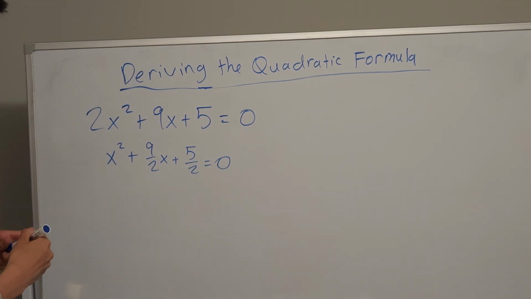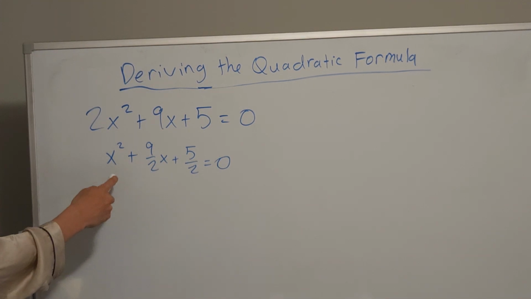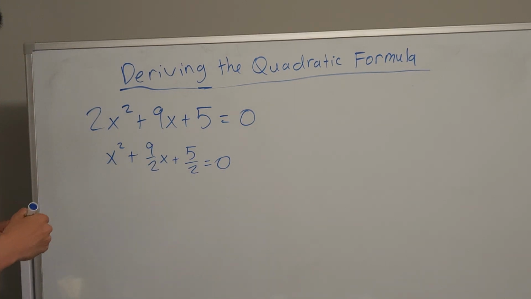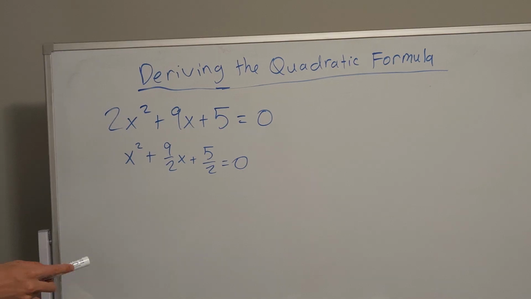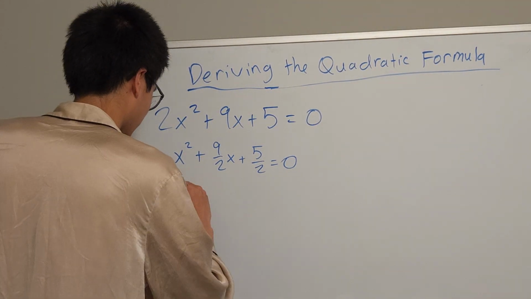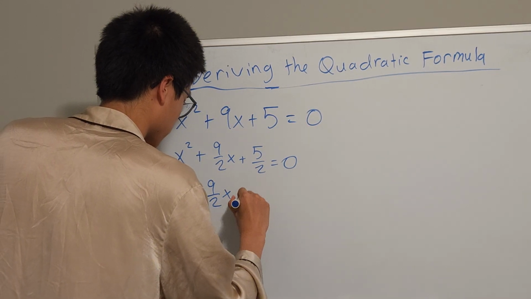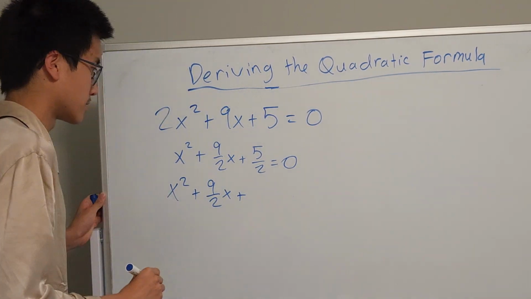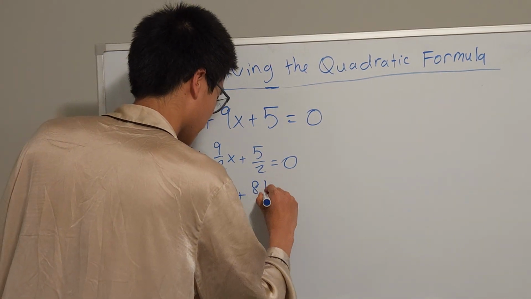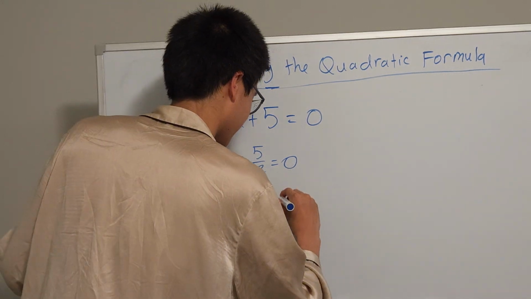Okay, now we want to add a constant to both sides. So previously, we knew that this constant would be b squared over 4a squared, right? So in this case, it will be 81 over 16. But we'll check this later.